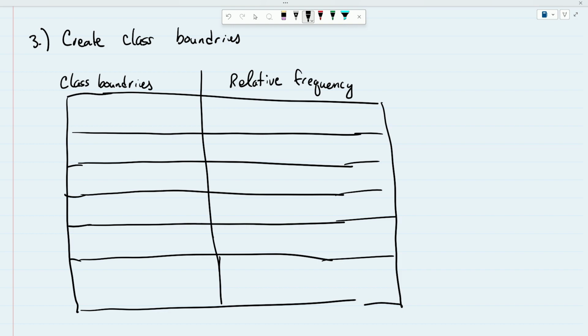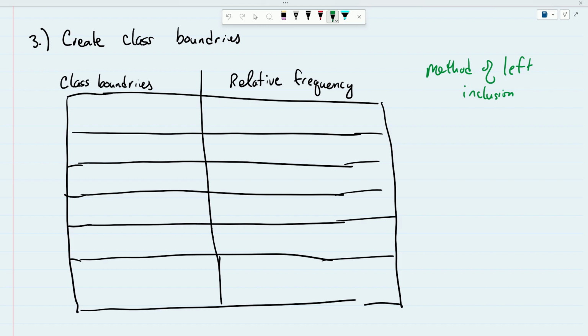Now, we use a rule called the method of left inclusion. All right, so I'm going to write this over here on the right hand side. The method of left inclusion. And all that really means is that our lower class limits, all right, which are going to be the left number, is going to be the number that we include, hence the name method of left inclusion.